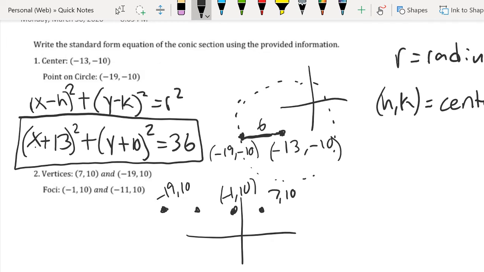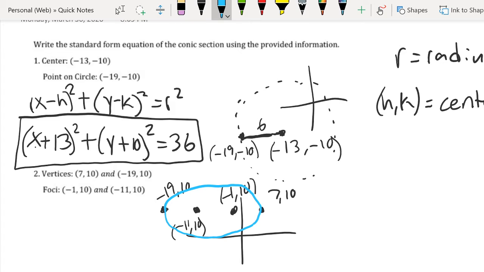So something like right there. So it looks like what we have here is actually an ellipse. Oh, I made that way too far out. Let's see if we can do a little better job there. More like that.